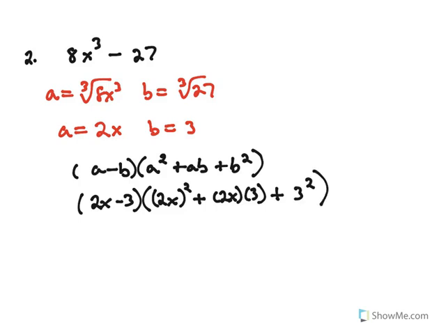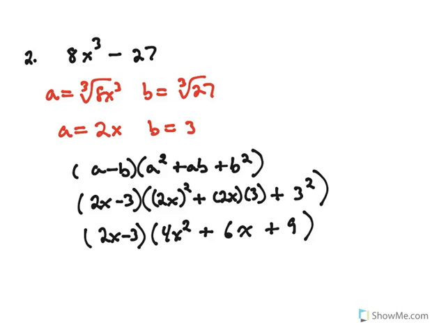So I'm going to show the steps so you know what I'm doing. And then we just simplify it. Again, 2x to the second power is 2x times 2x, which will in fact give me 4x squared. 2x times 3 is 6x, and then 3 times 3 is 9.